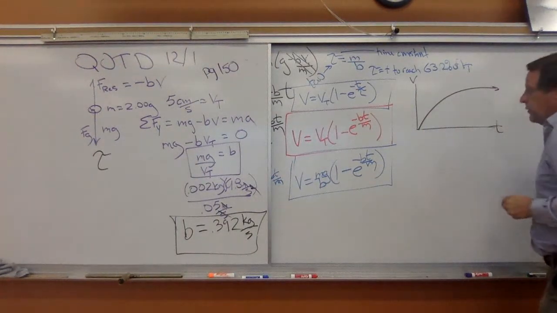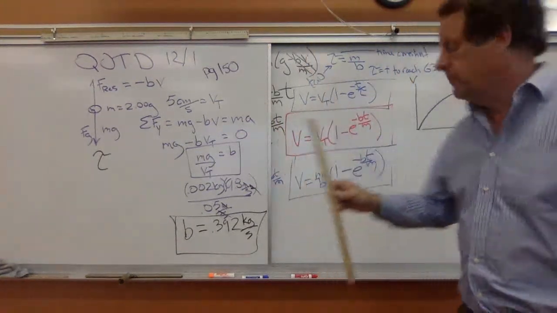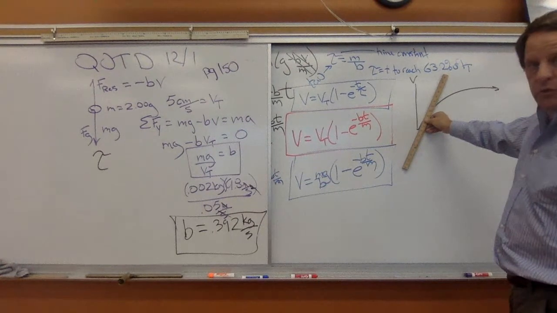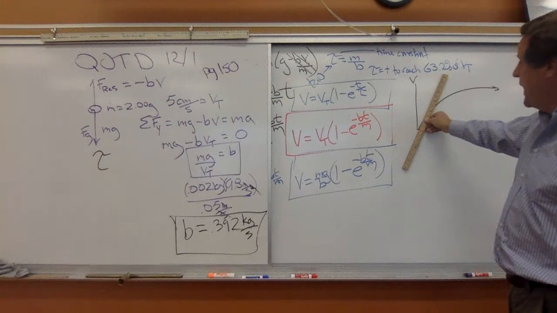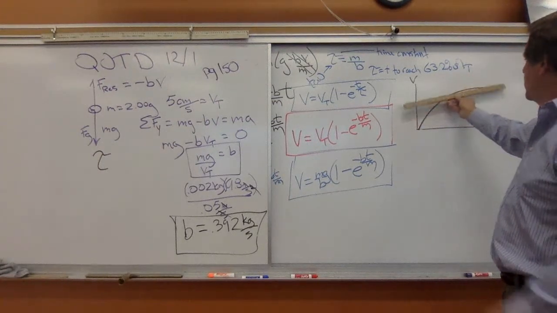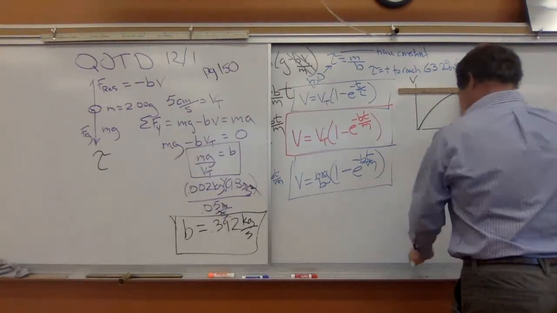All right, and we remember from our slope-o-meter, okay, if we were to take the slope right here at time equal to 0, then that would be 9.8, okay? And as it speeds up, it's going to get lower and lower and lower until we reach this point right here.